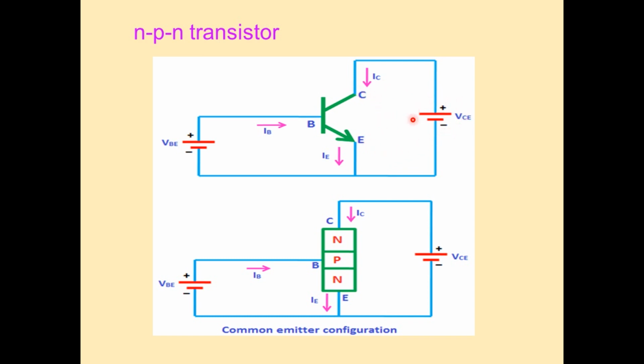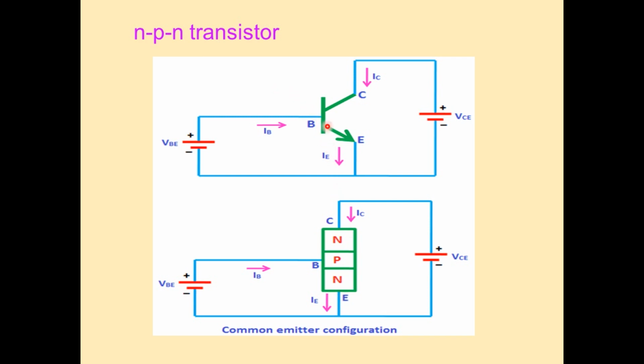Output is measured across collector and emitter, so VCE is output voltage, voltage across collector and emitter. So common emitter configuration of NPN transistor, emitter is common to both input and output.